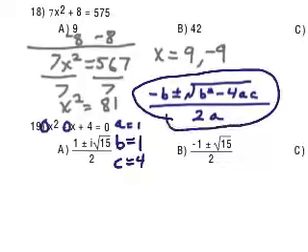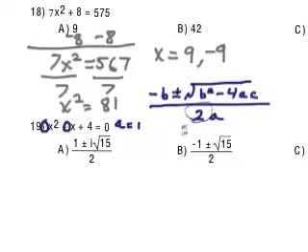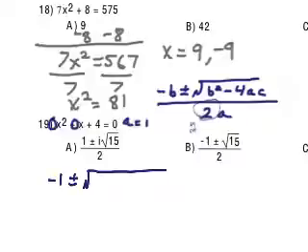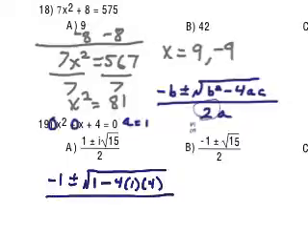So we just plug these into the quadratic formula. So negative b, negative 1 plus or minus the square root of b squared, which is 1 squared, which is just 1, minus 4 times a, which is 1, times c, which is 4. And that is over 2a, which is 1, so 2 times 1 is 2, so we'll just leave it like that.